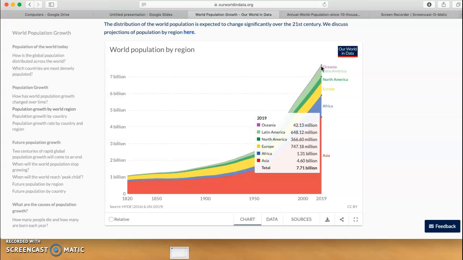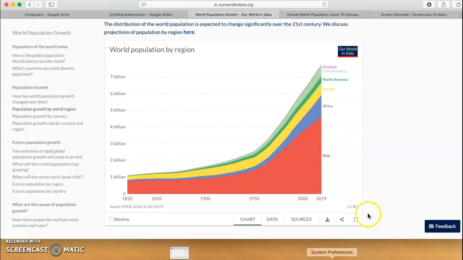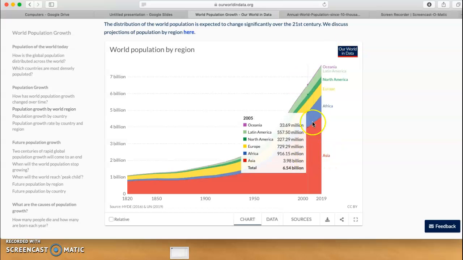And that is just, wow. And then you've got 1.31 billion in Africa. Europe, North America, Latin America, and Oceania are still in the millions. So it's really interesting, these kind of trends.